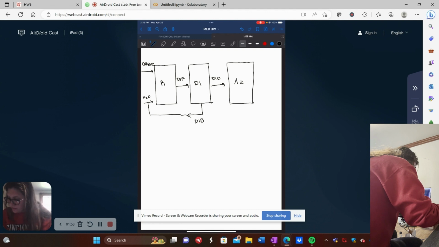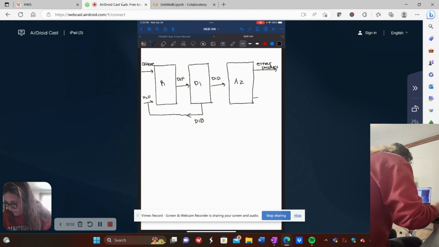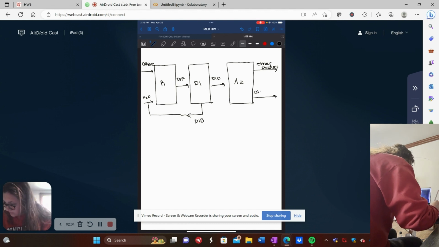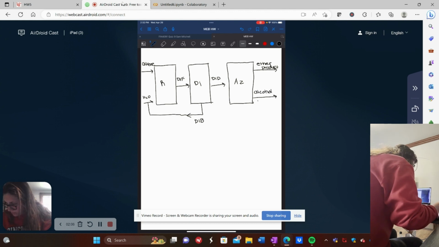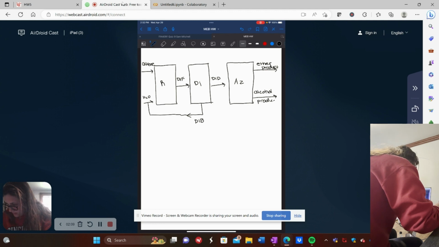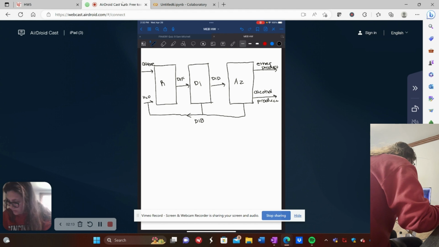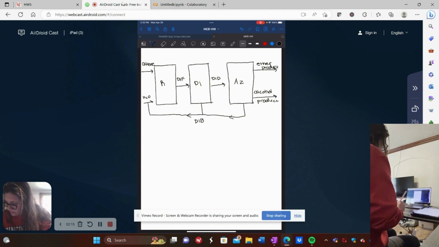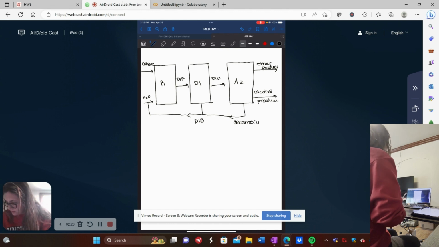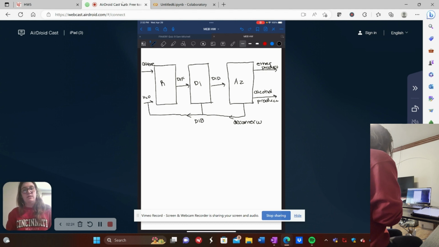And then for AZ, we have our output of ether product, and we have our output of alcohol product. And then finally, we have one last outflow that also recycles water that we'll call decanter W.